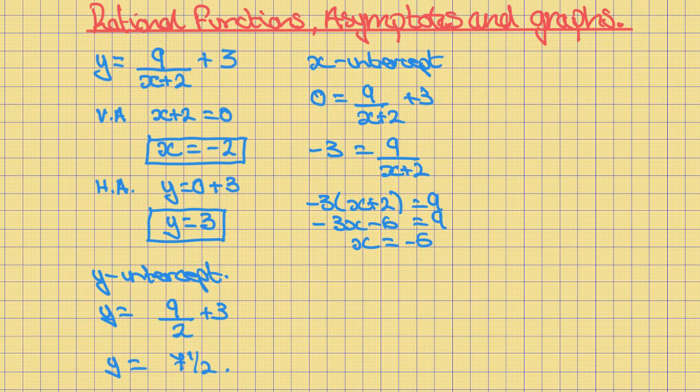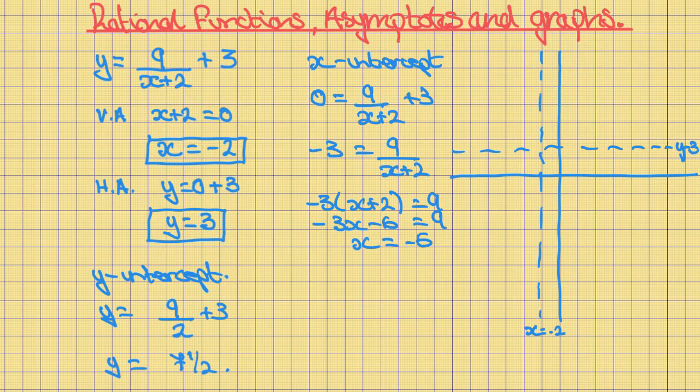We can now graph our function from all the information we've been given or found out. So let's draw our axes. Let's draw in our vertical asymptote, x equals minus 2, and our horizontal asymptote at y equals 3.